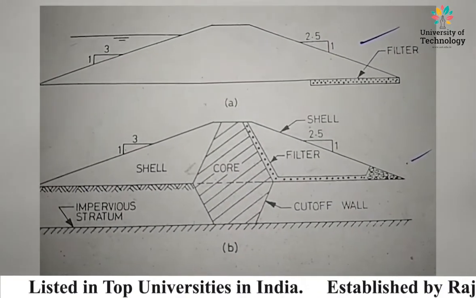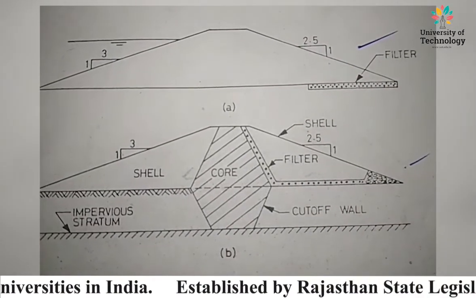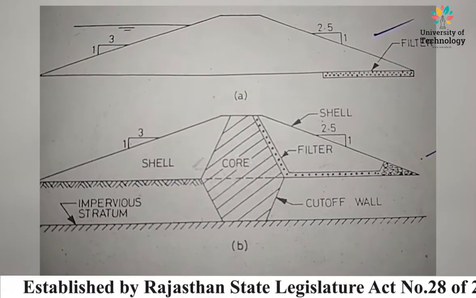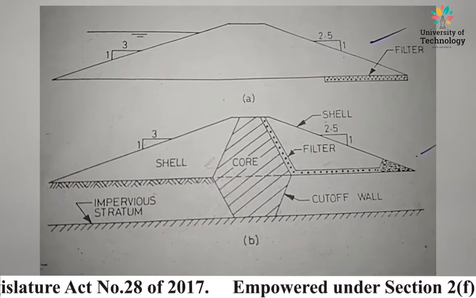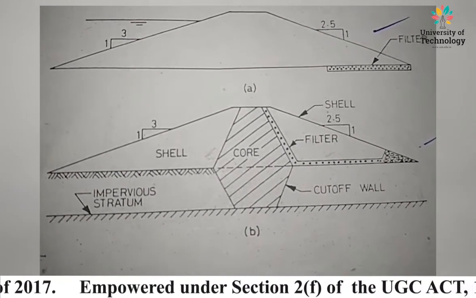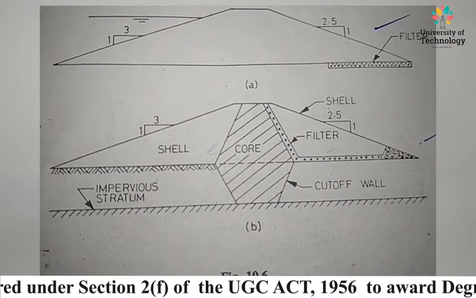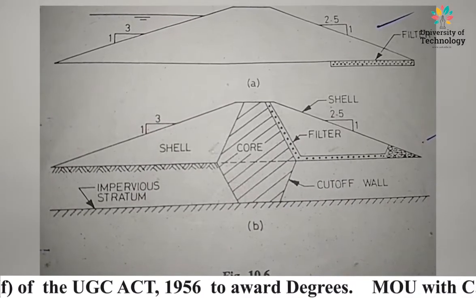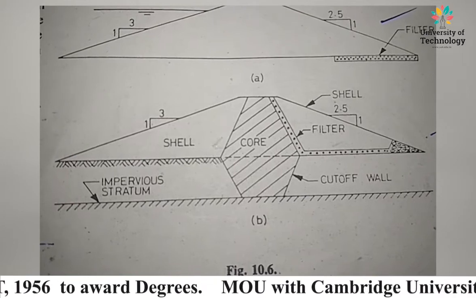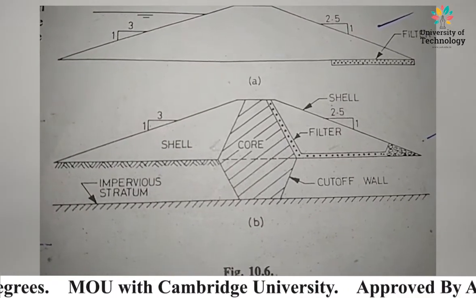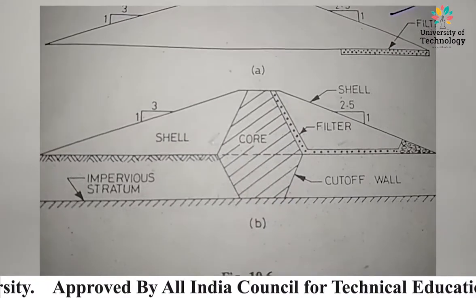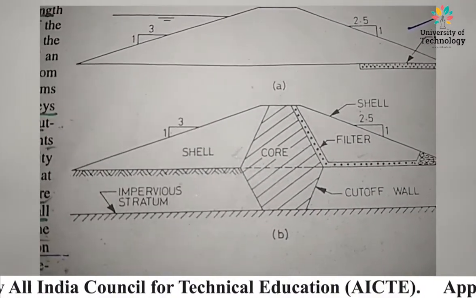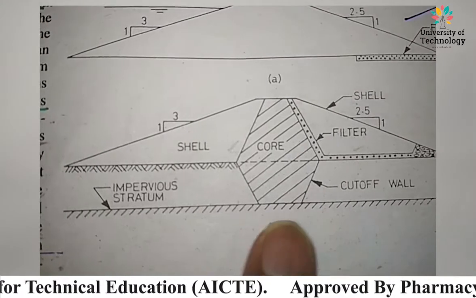In this diagram you can see that generally an earth dam can be divided into different zones, known as two types of zone: pervious zone and impervious zone.